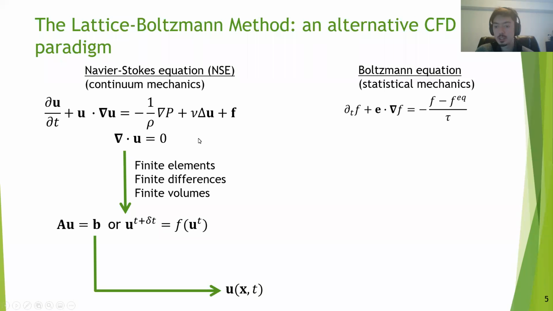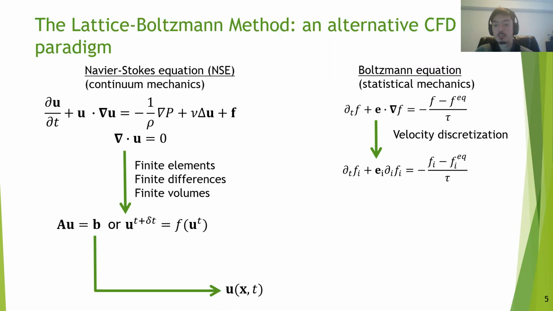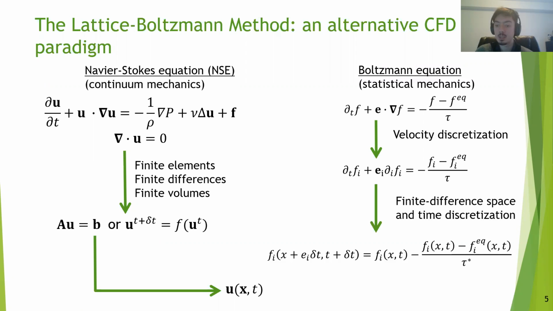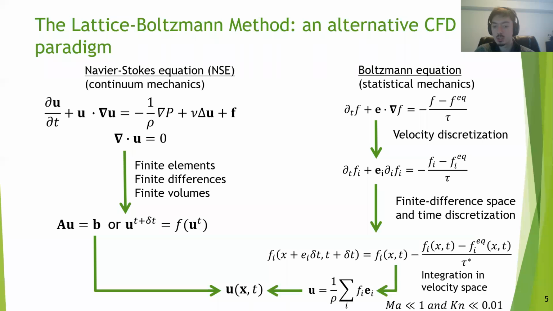The Lattice-Boltzmann method, however, starts by discretizing the Boltzmann equation here, which has 3 dimensions in space and 3 dimensions in velocity. So it's a statistical mechanics approach. First, there is a discretization in the velocity space and then in space and time. With a later integration in velocity space and with the assumption of Mach being smaller than 1 and Knudsen being smaller than 0.01, the same flow field as the Navier-Stokes equation is recovered.